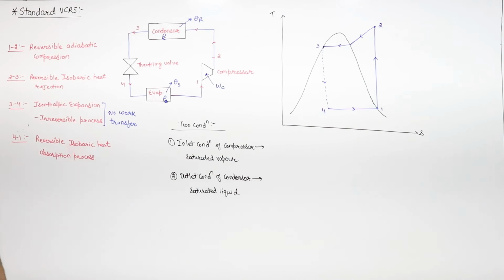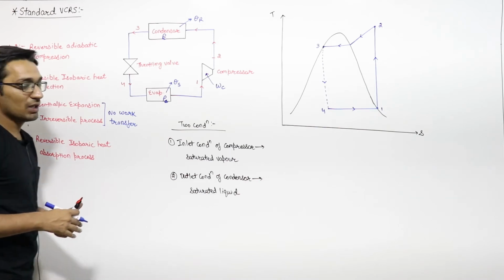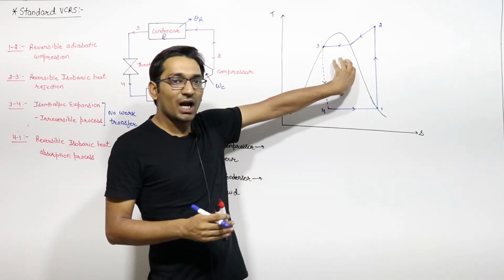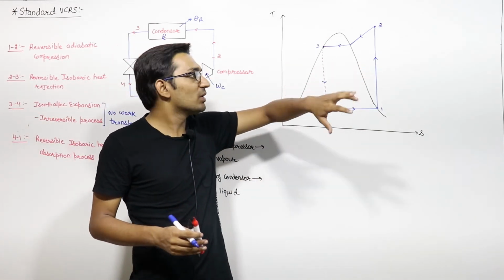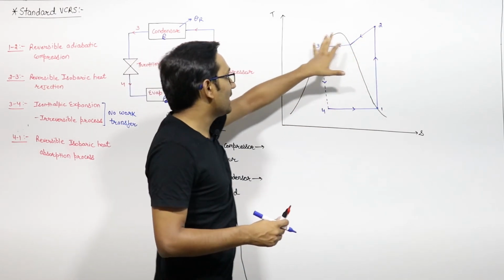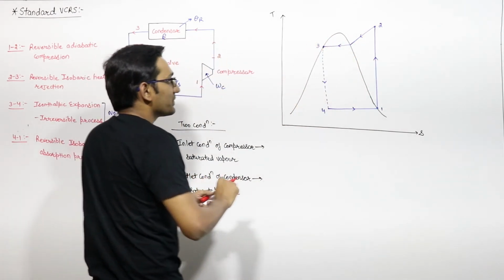So this is the TS diagram of the standard, or normal, vapor compression refrigeration system. Inside the dome, if the pressure is constant, then temperature is also constant. So these lines are lines of constant pressure.